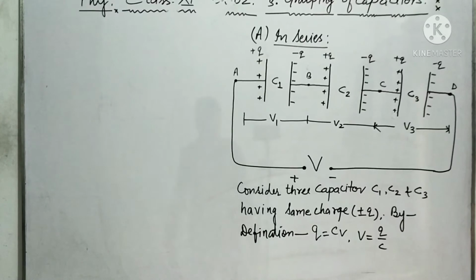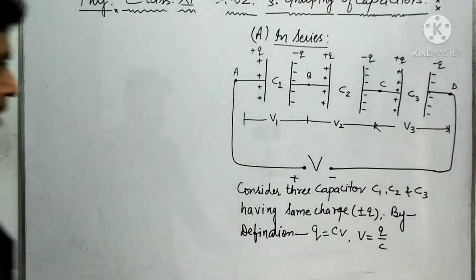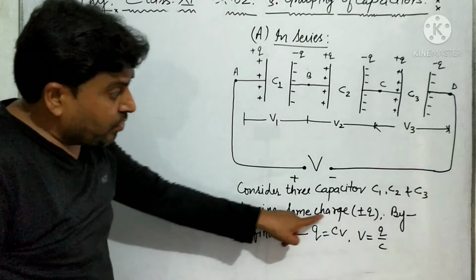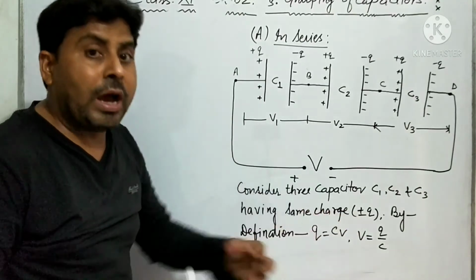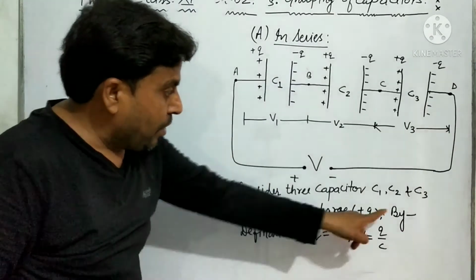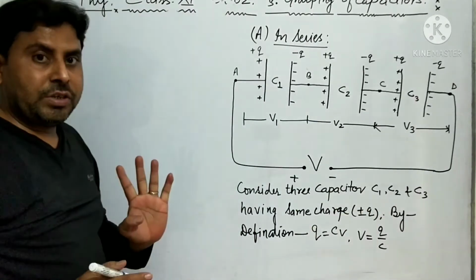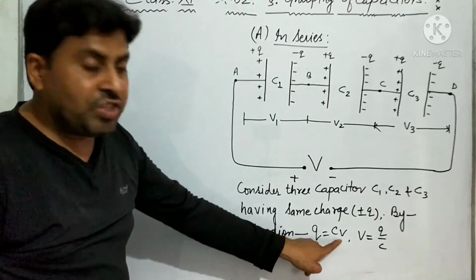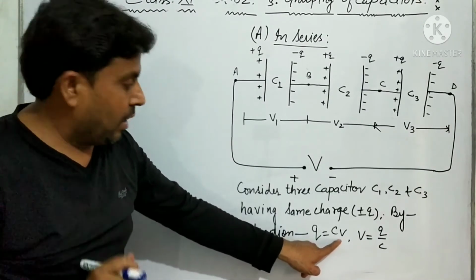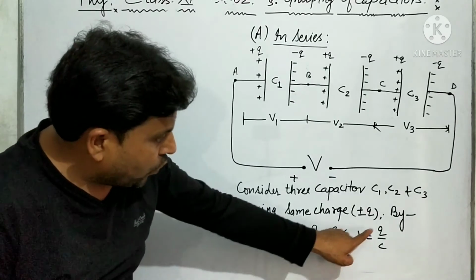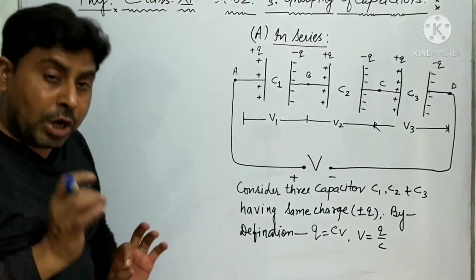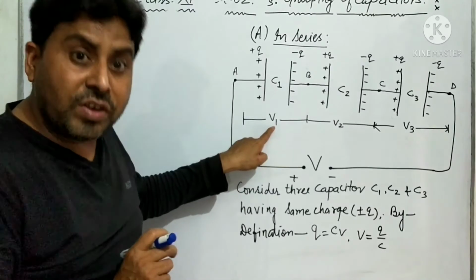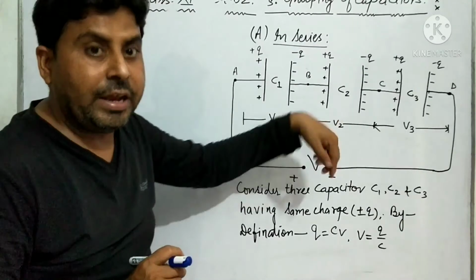So all three capacitors of the capacitance C1, C2 and C3 having same charge plus minus Q across each plate. By definition, we have studied Q equal to CV, common formula, and V equal to Q over C. Now I will define the potential across first capacitor, across second, across third.